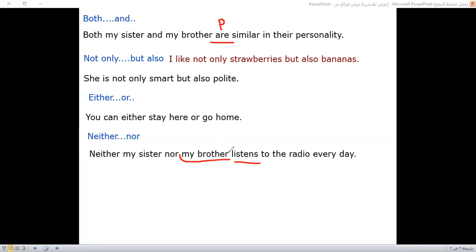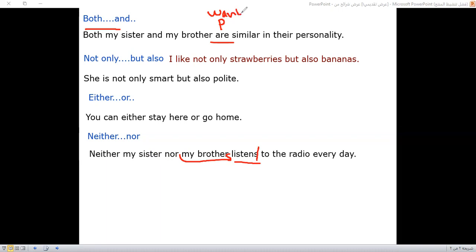If it was my brothers, this is one of the questions that you might have. If it was my brothers, write it correct, then you're going to remove the s and write the verb in a plural form. Do you remember that? Again, in both and, the verb I'm going to use in a plural form. Both my sister and my brother want, for example, to study abroad.